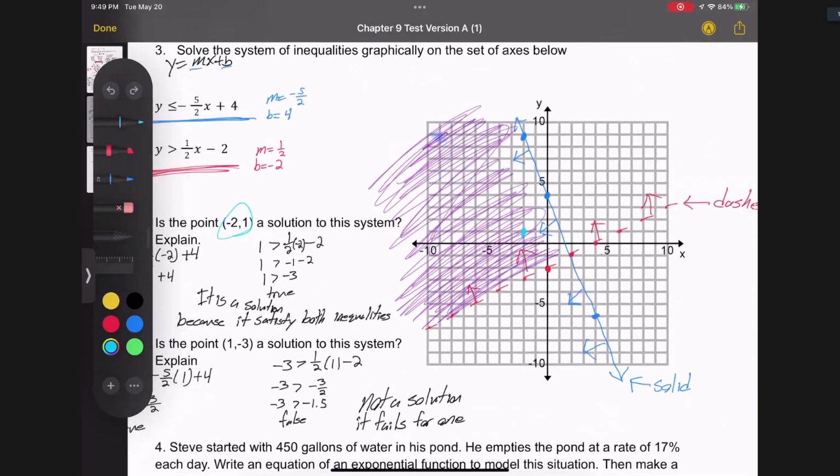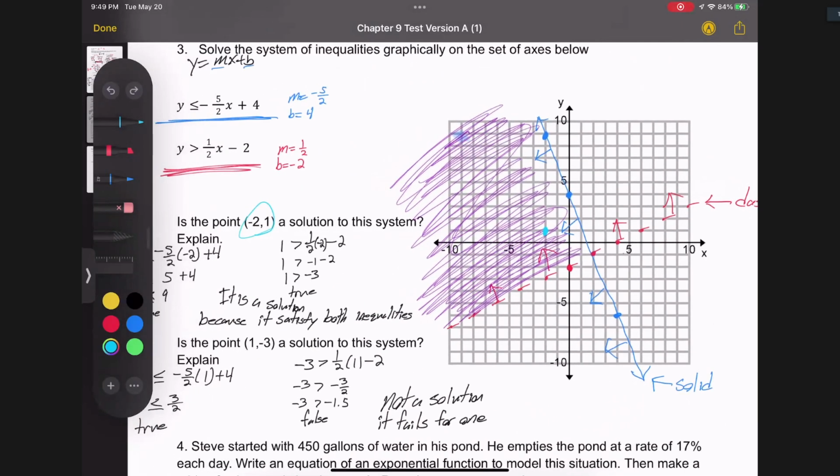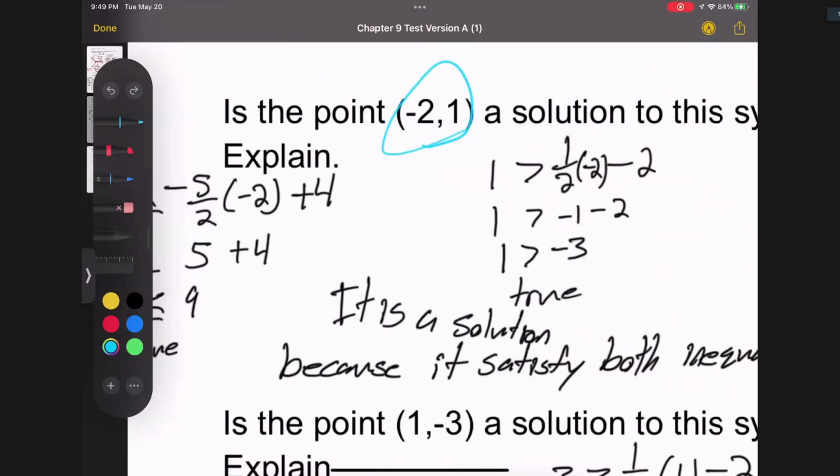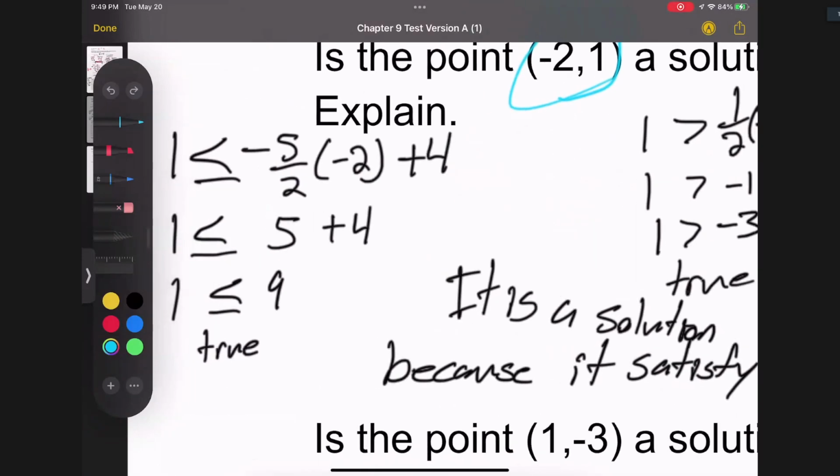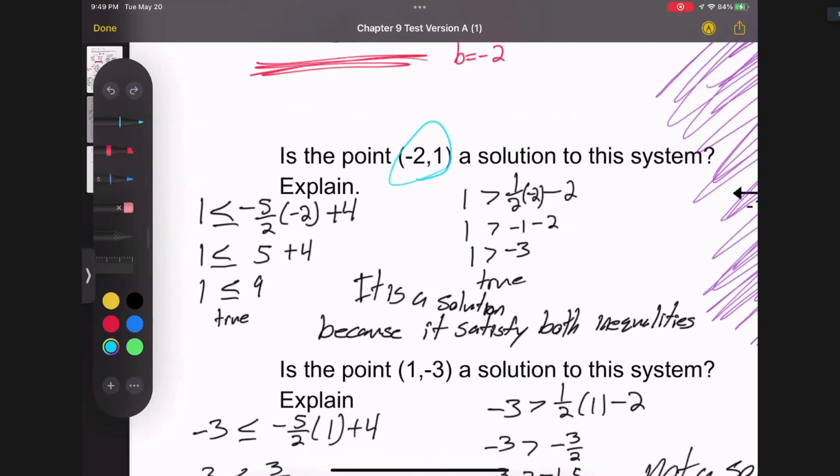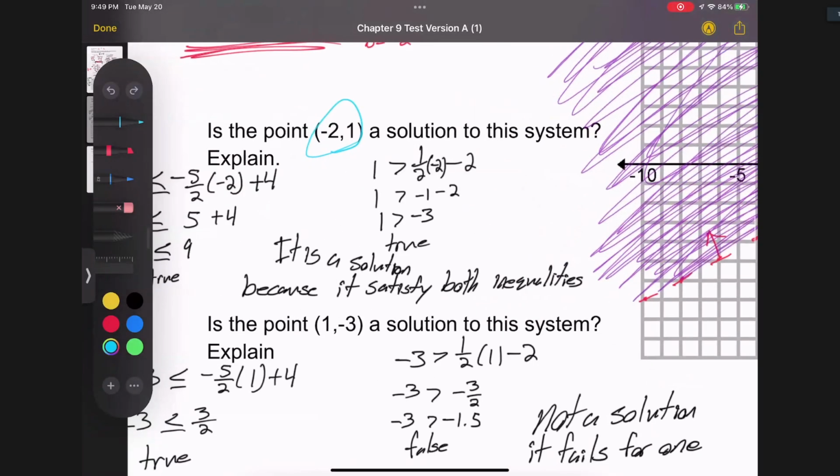You could have said that yes, it is a solution because it's in the region. If you said that, I gave you full credit. There were a couple of students that actually did it that way. It's a little bit simple, but in my opinion, I think this is a better explanation, and I would have changed the wording of the question because I wanted it to be this way.